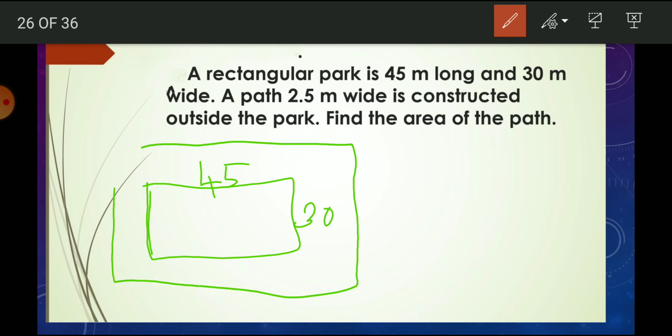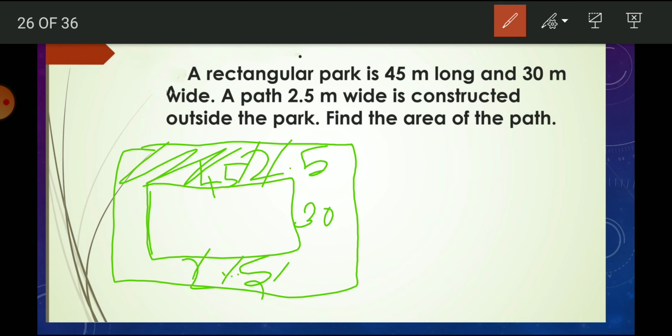This width is 2.5 and this width is also 2.5. Since they make it outside the park, not inside, the rectangular area will be increased, not decreased. If they make a path inside the park, the rectangle is decreased. Okay, so here they make a path outside.